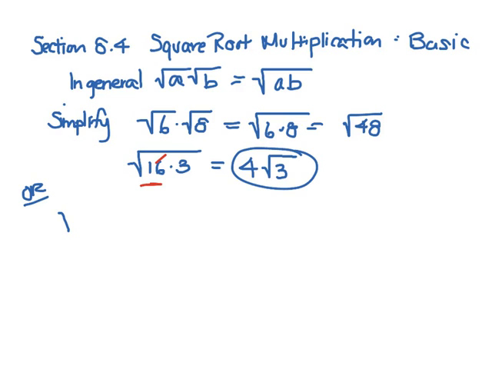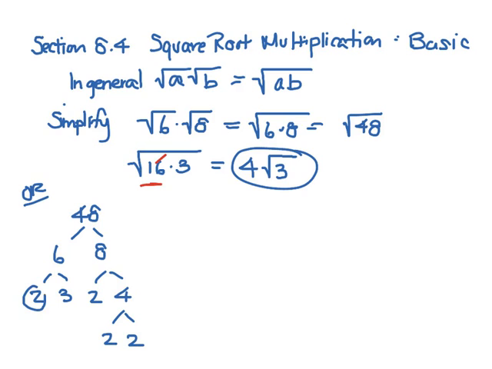Now again, if you don't see that 48 is 16 times 3, if you don't see that 16 is one of the perfect square factors, remember, you can always take 48 and break it down into its prime factors, right? We knew it was 6 times 8, 2 times 3, 2 times 4, and 2 times 2.